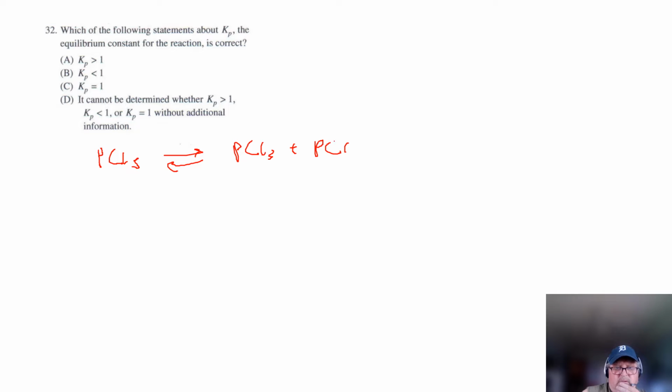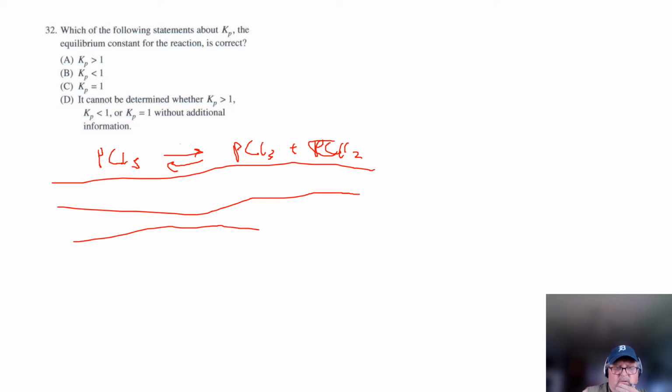Whoops, that should be just Cl2. Sorry about that. Okay, and then let's make our ICE table: initial, change, equilibrium.